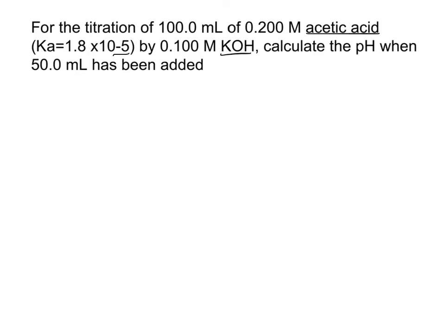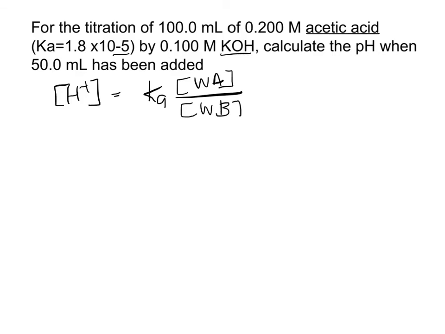So this is what I'm going to do. First thing I'm going to do is write in my buffer formula. H plus equals the Ka times, well, let me actually do it correctly. Okay, the weak acid over the weak base.